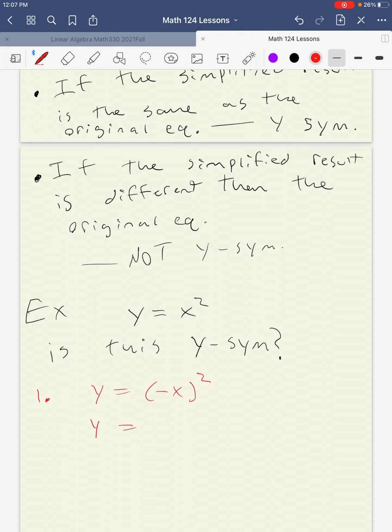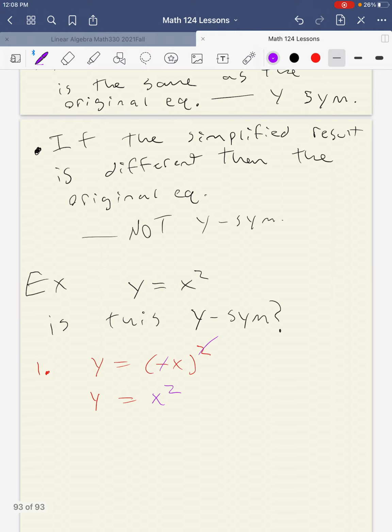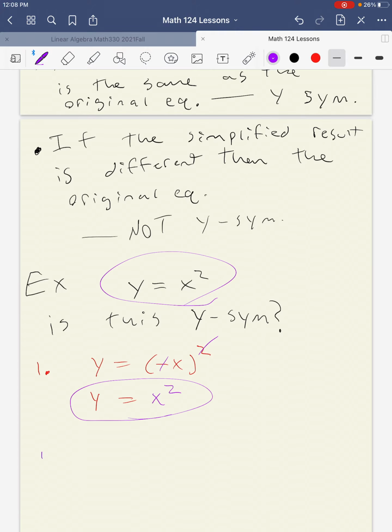Simplifying, a minus squared will just turn into a positive. So this just turns into x squared because we squared the minus sign and it went away. And this is the same as the original equation. Thus, it is in fact symmetric about the y-axis.